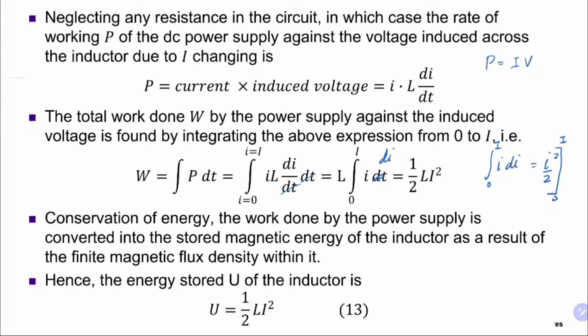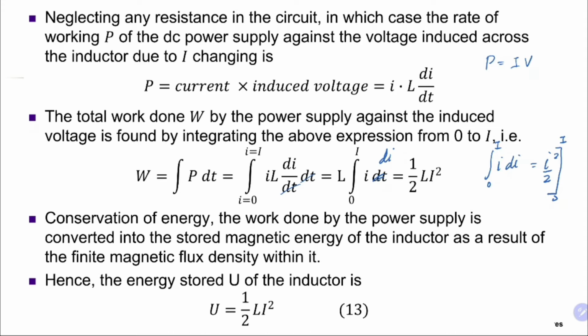And that gives you I squared over 2, and then you have the constant L, so it's half L I squared, and that is the work done by the power supply to make the current flow from 0 to I. Conservation of energy: the work done by the power supply has to equal the magnetic energy stored in the inductor.